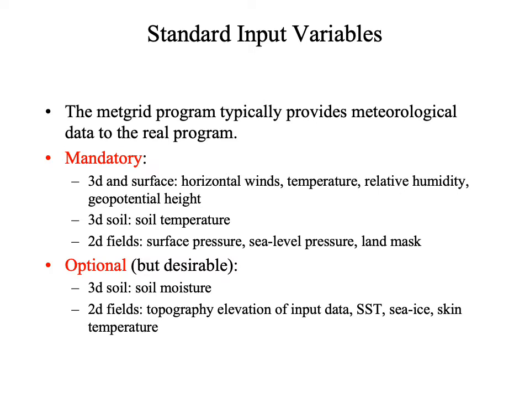These vtables are associated with specific national center data sets that the WRF model understands and knows about. The vtable is able to pull out the necessary information from the GRIB files and provide that information into the METGRID program, and that's moved along into the real program for the vertical interpolation and diagnostics.